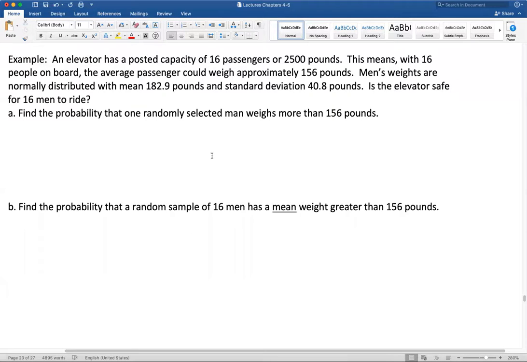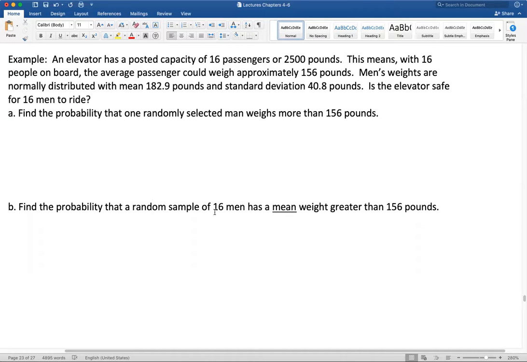All right, so back to the problem. Look at the question. We didn't answer the question of the example, right? Is the elevator safe for 16 men to ride? No. Why? Because, you see here in the second question, the probability that a random sample of 16 men has a mean weight greater than 156 pounds is 0.996, almost 1, right?